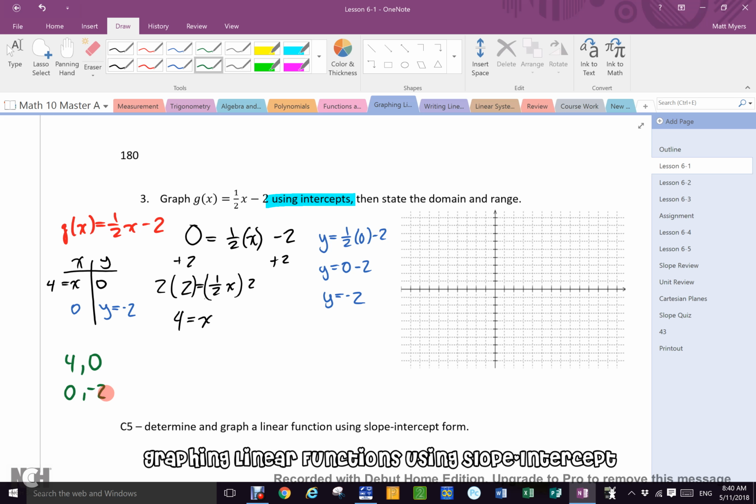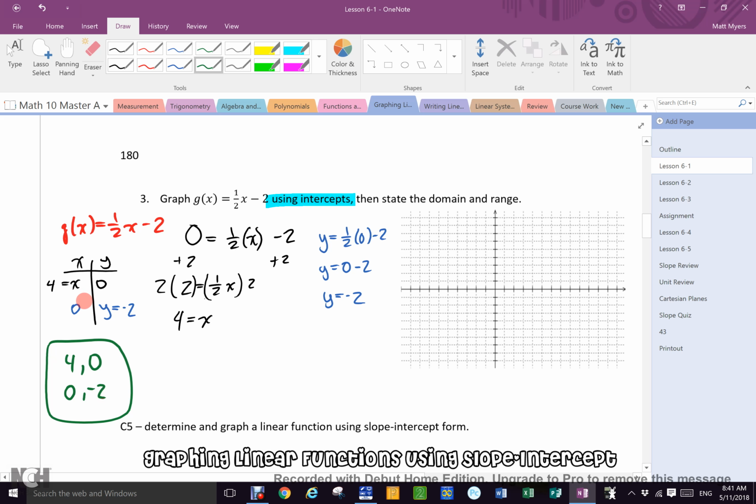You have x of 0. So when x is 0, you put 0 for x. 1/2 of 0 is what? 0. What's 0 minus 2? -2. So when x is 0, y is -2.